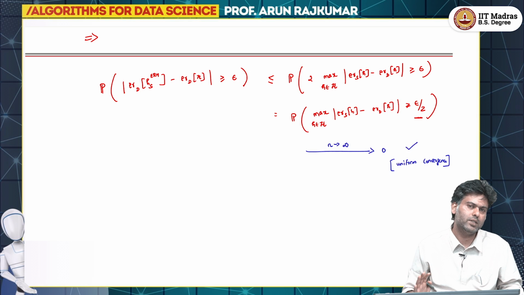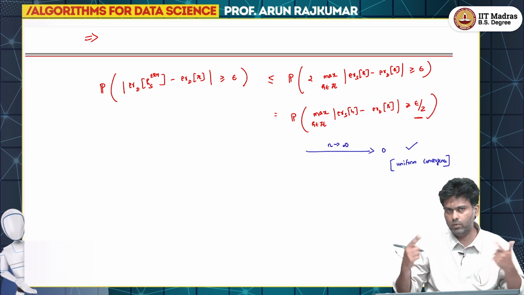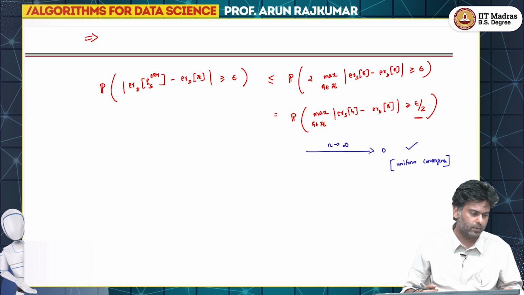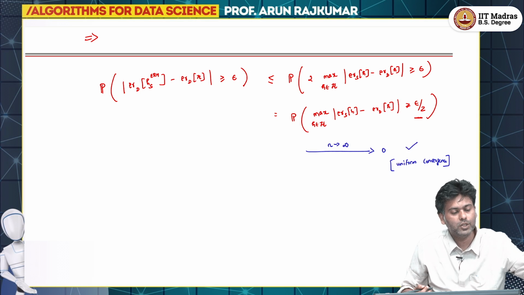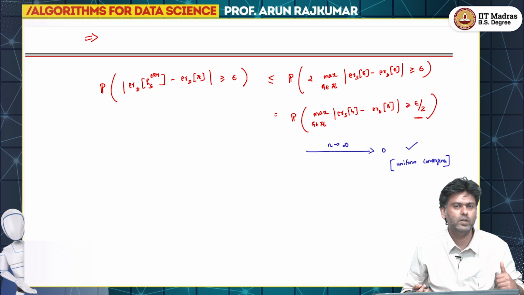If it is an ERM, this happens, and that is what has helped us reach this. So there is no mismatch here, and that is important to understand. Okay, great. So this means that we have bounded successfully the estimation error as well. Earlier we bounded the generalization error. Now we have also managed to bound the estimation error.